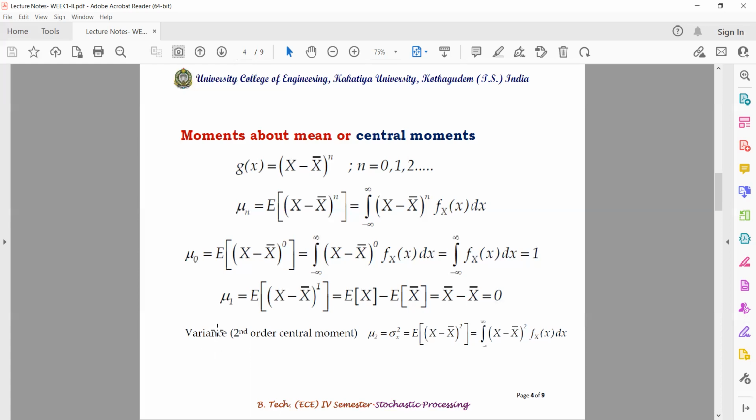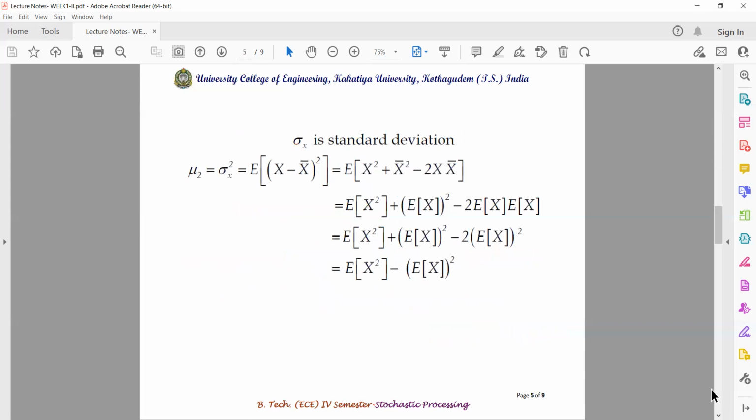So variance, the second order central moment, is generally denoted as mu2, equal to sigma x square. Sigma x is called the standard deviation. Sigma x square is called the variance of the random variable.